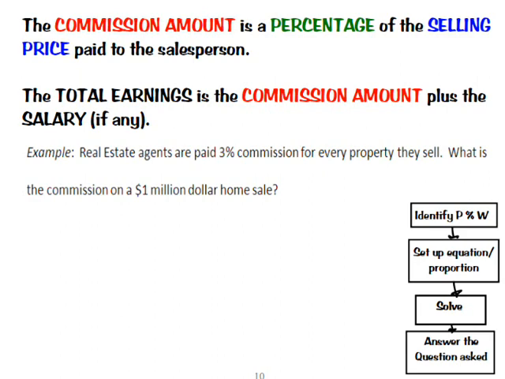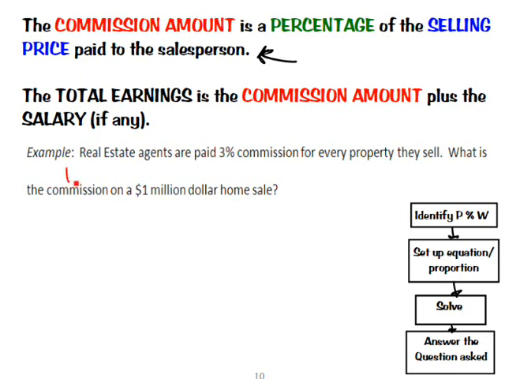And in this example, you're asked what is the commission on a $1 million home sale. So, using our magic sentence here, let's identify the part, percentage, and whole in the example problem. The commission amount is the part, and that's what we're asked for.